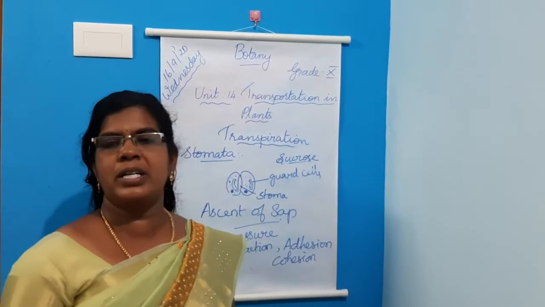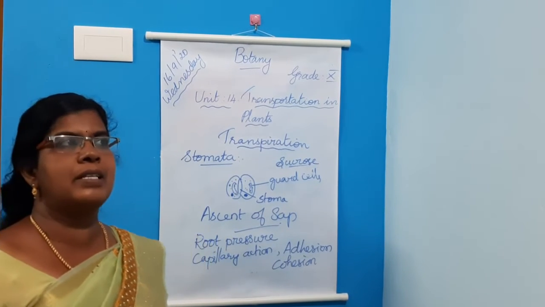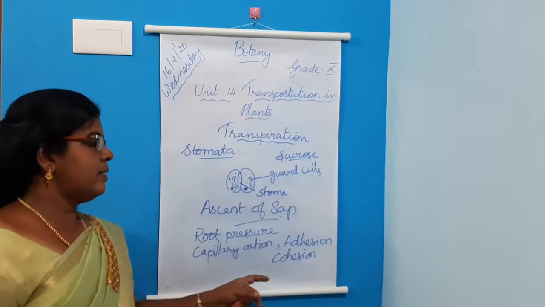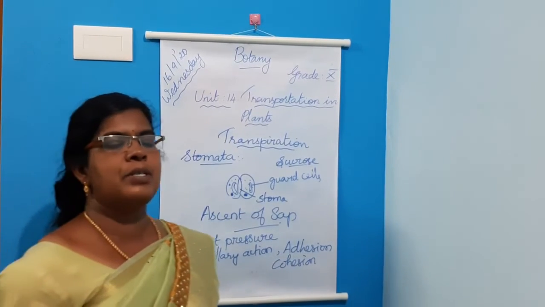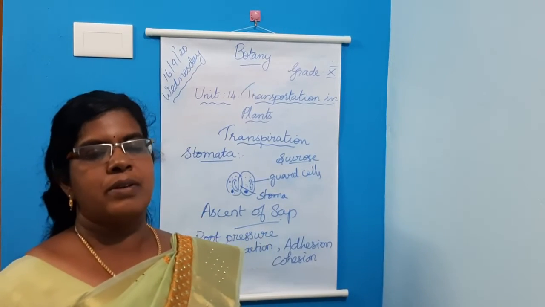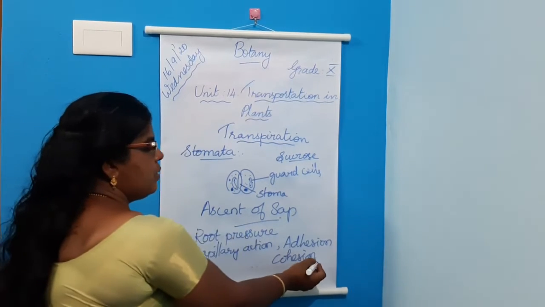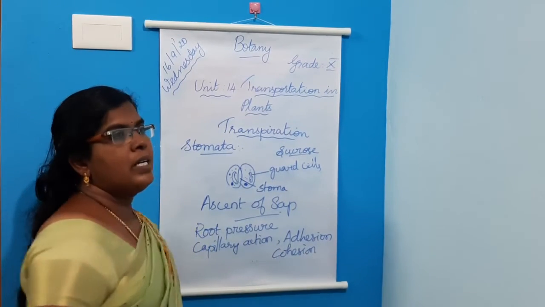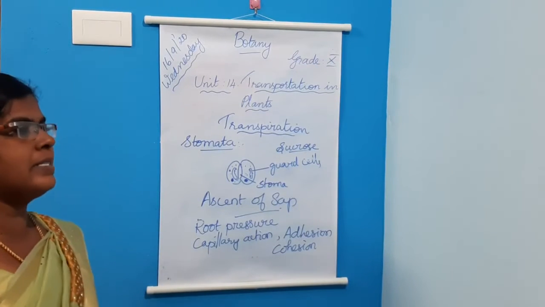Water or any liquid rises in the capillary tube because of certain physical forces. Then adhesion, the force of attraction between molecules of different substances. Next, cohesion is the force of attraction between water molecules. These factors are responsible for ascent of sap.